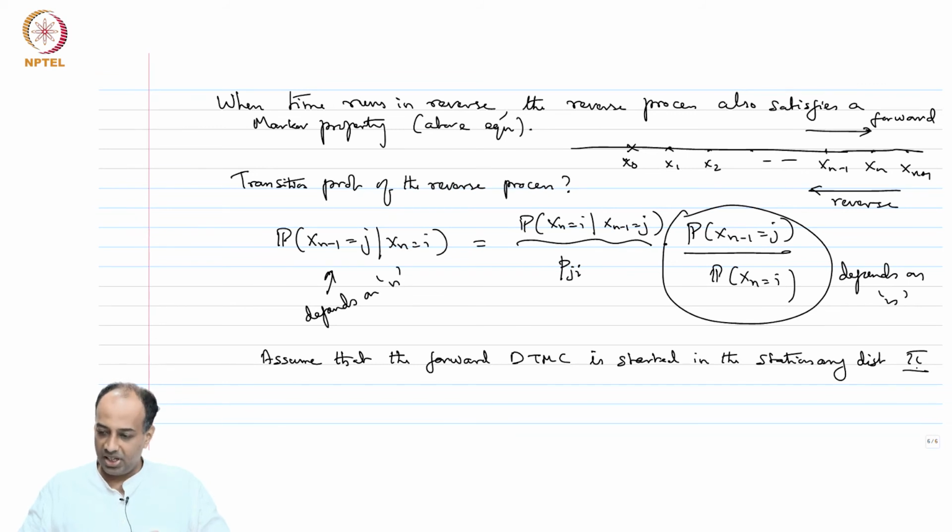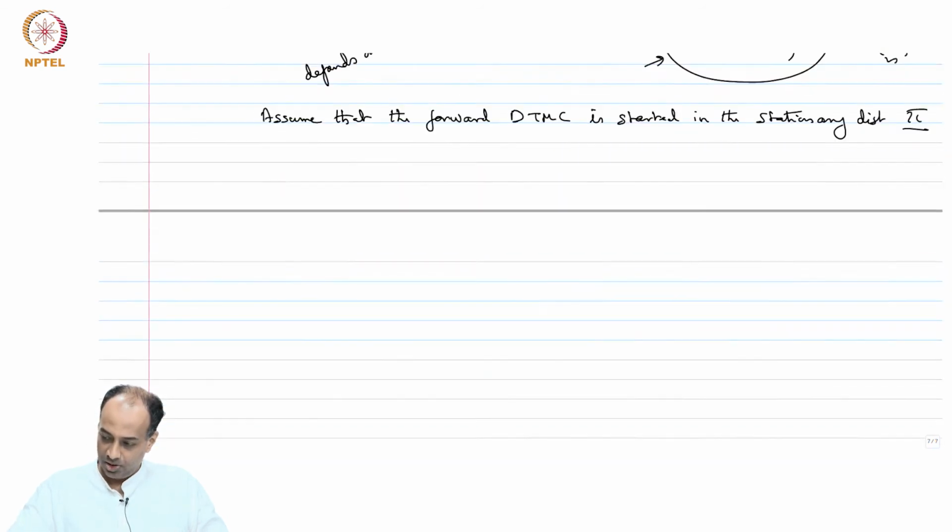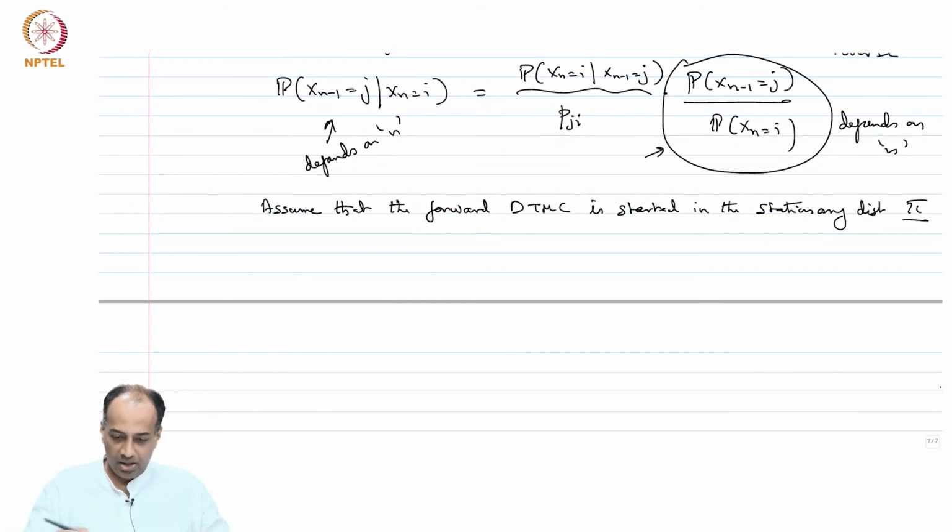Then what happens is that this term out here will not depend on n, because this term will simply become pi_j over pi_i. Okay.